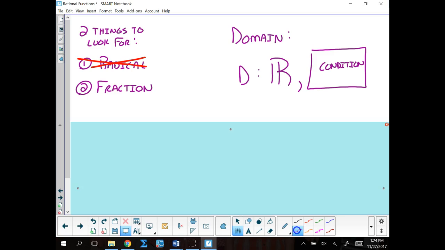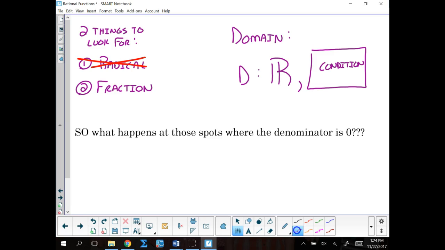Alright? So, my question to you is, what happens in those spots where the denominator is equal to 0? So, let's try f of x equaling 7 over x minus 2.